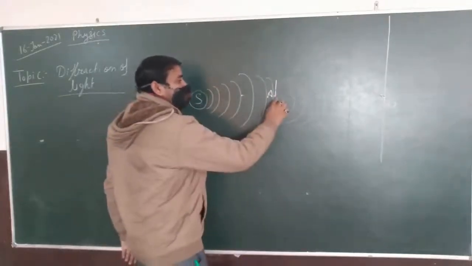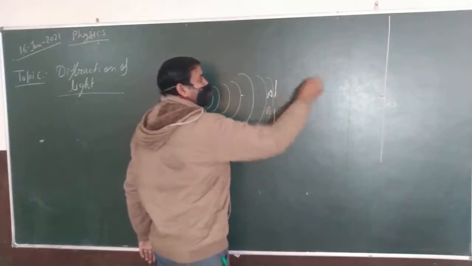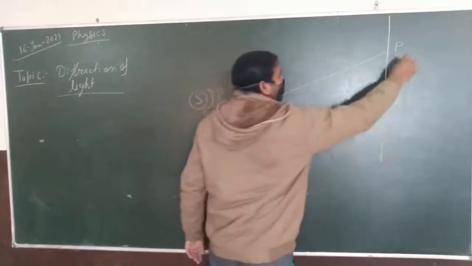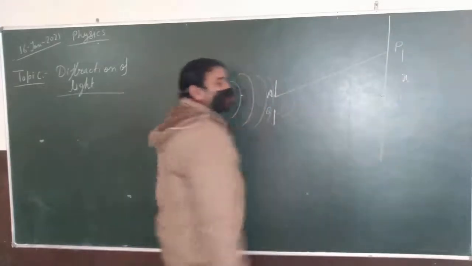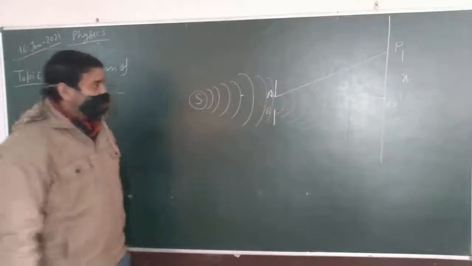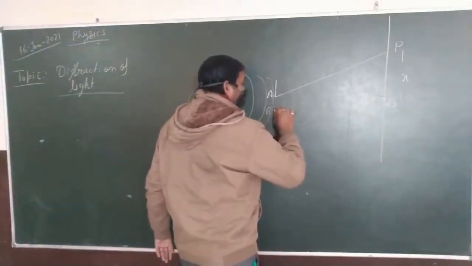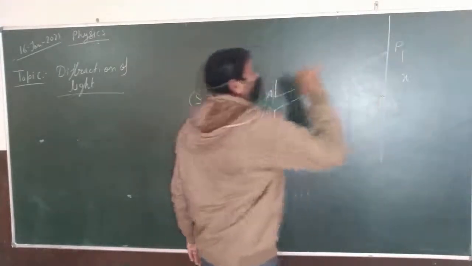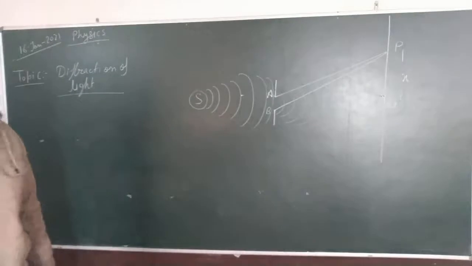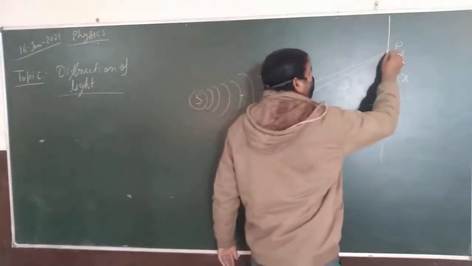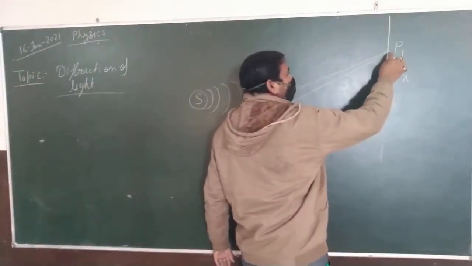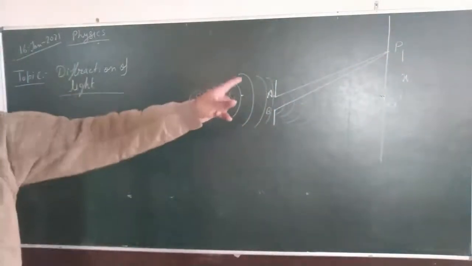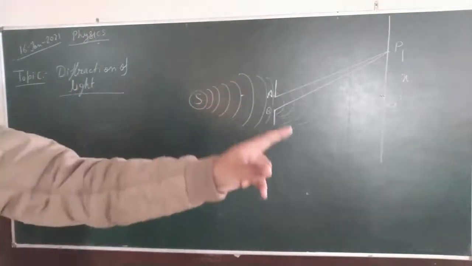So the light traveling from here or bending from here reaches point P, which is x distance above the center point of the screen, and the other ray traveling from this point also reaches point P. We need to calculate the central bright maximum and central dark point, which means the dark fringe at P and the bright fringe at P.